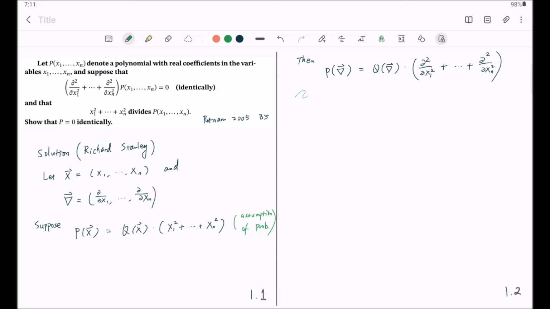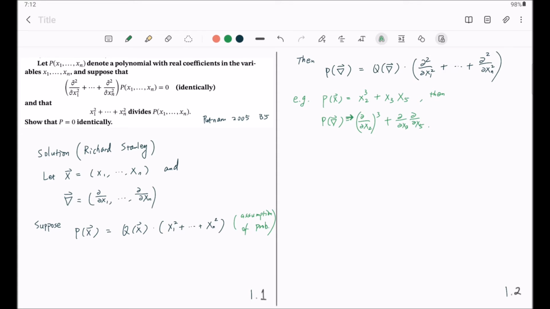Maybe let me give you one more example. Say if this P is x2 cubed plus x3 times x5, then P of nabla will be d by dx2 cubed plus d by dx3 times d by dx5.